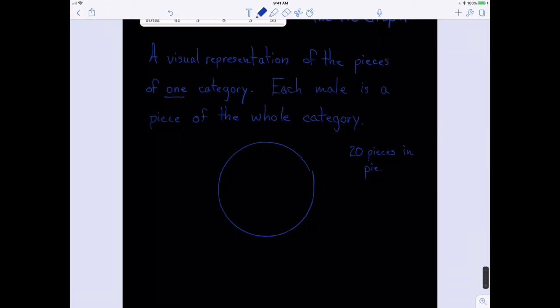Okay, here we go. 20 is a nice number because you can split it in half. If you split 20 in half, you get 10. So I'm going to do my best and approximate, but I suspect that dot is probably exactly the center of my circle. So I'm going to draw a straight line right through the center of my circle.